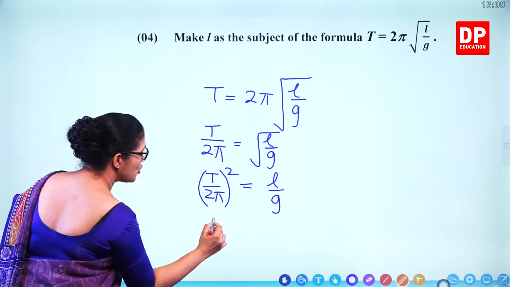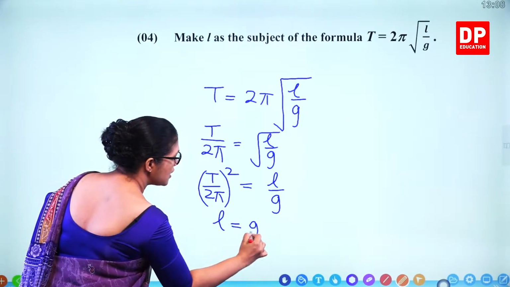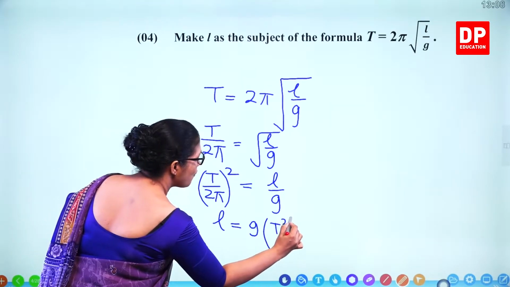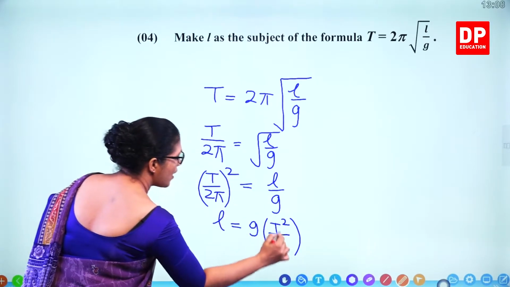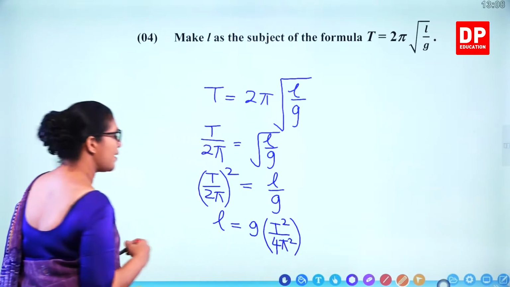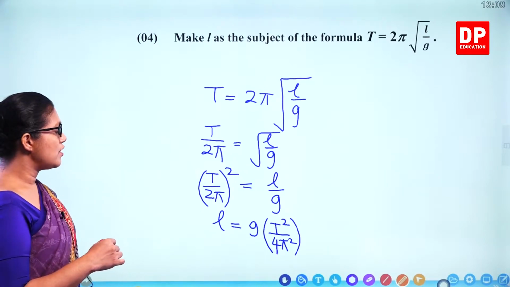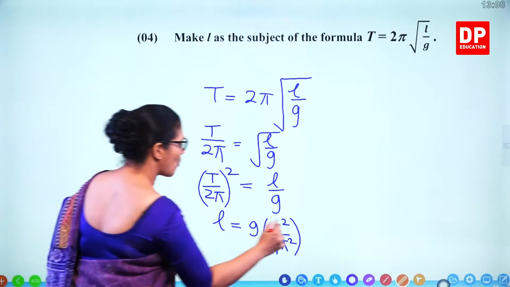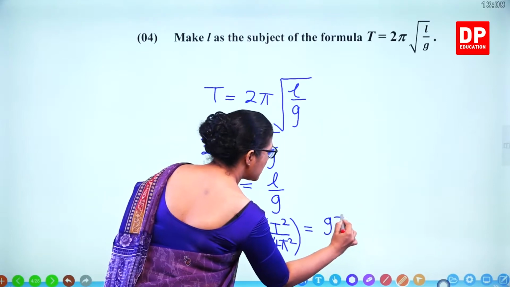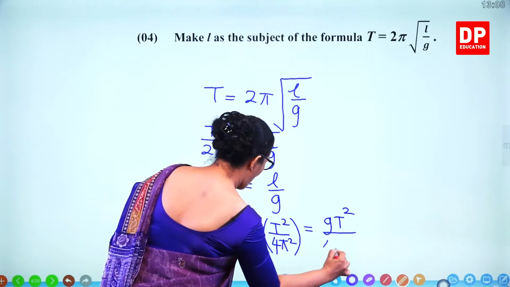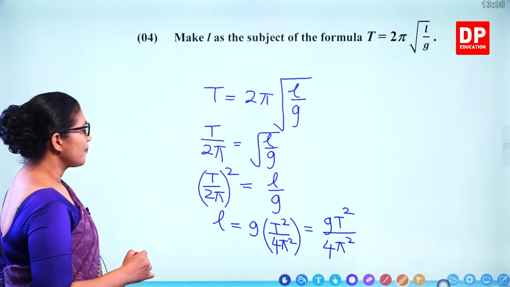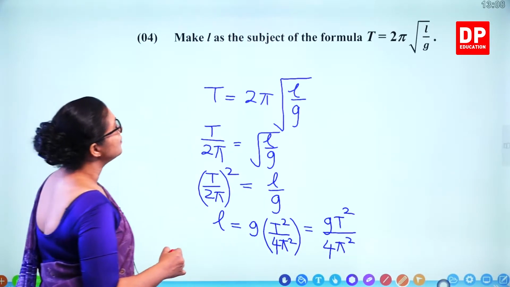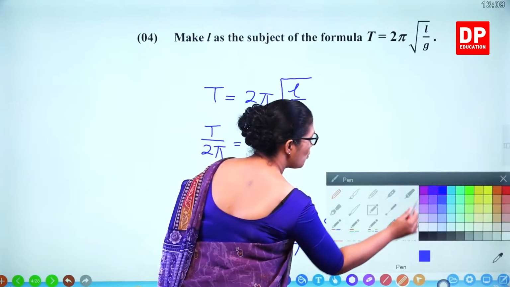You multiply by G. L becomes G times the square of this. So 2 squared is 4, pi squared is pi squared. So G into T squared over 4 pi squared, or you can write G T squared over 4 pi squared. That's the L value. So 2 marks for that.